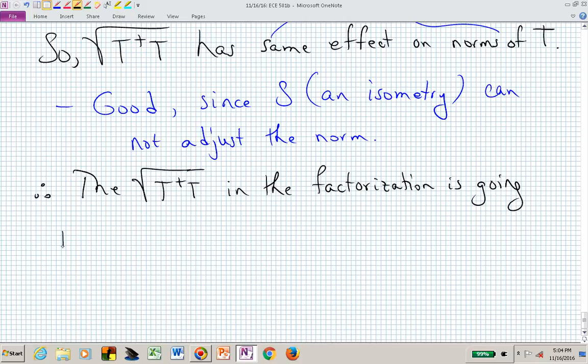Is going to work the way it's supposed to work.